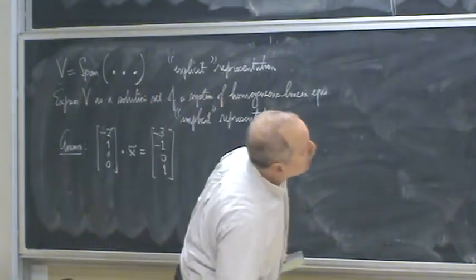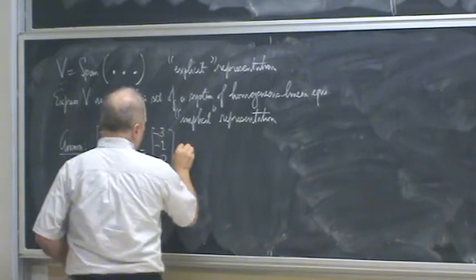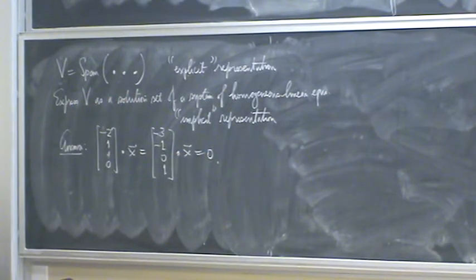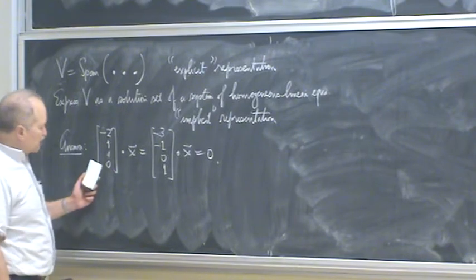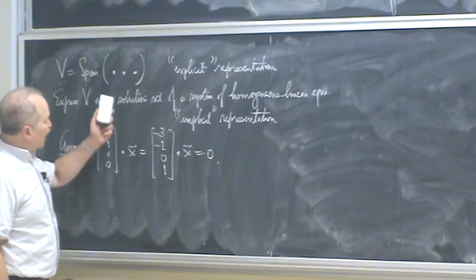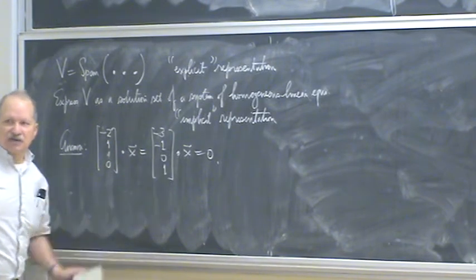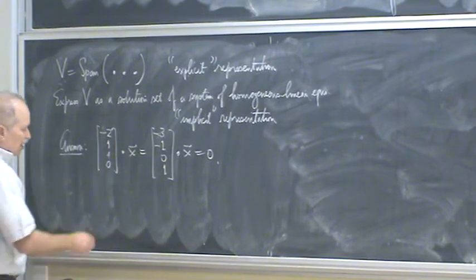Right, you're saying any vector in V is orthogonal to both of these, and only the vectors in V are orthogonal to both of these.